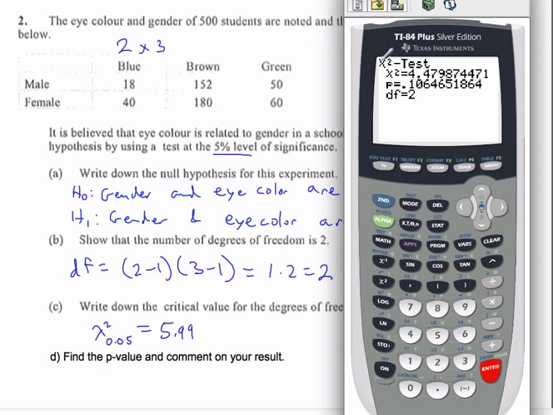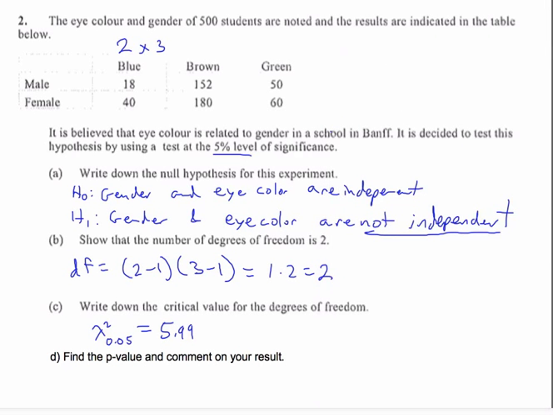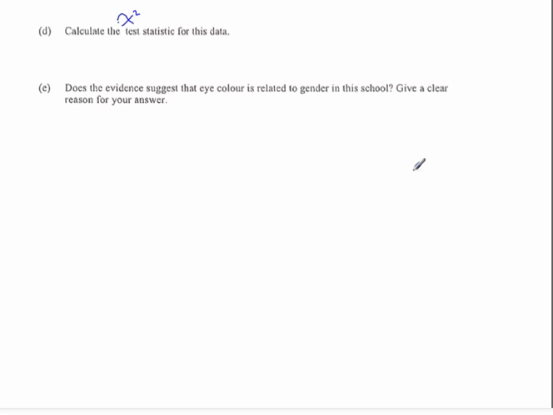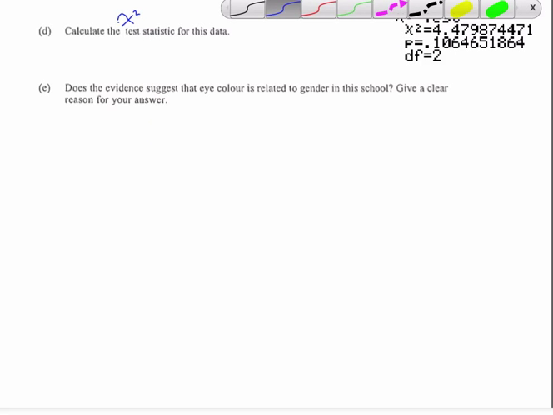So let me copy that. And I need all three of those, I think. Okay. So we already got the degrees of freedom is 2. Chi-squared value is, in this case, equal to 4.48 to 3 significant figures.